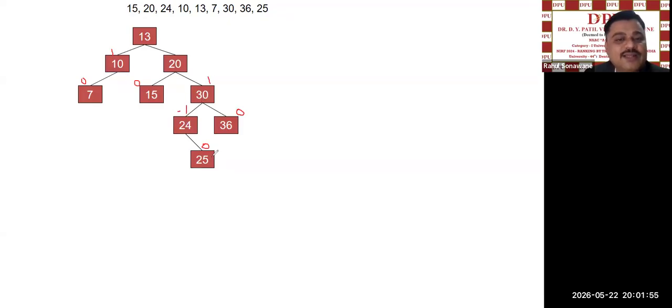Then 1 minus 3: 1, 2, 3. 3 is the height of the right subtree of 20, and 1 is the height of the left subtree of 20. So 1 minus 3 is minus 2. Then 2, 1, 2, 3, 4. So 2 minus 4 is actually minus 2.